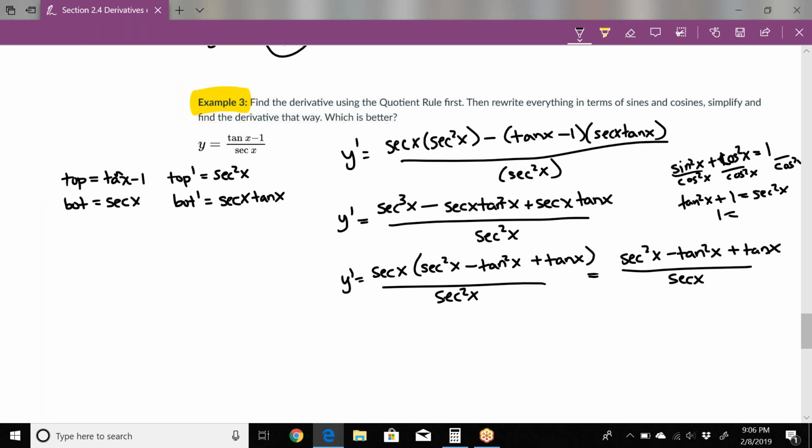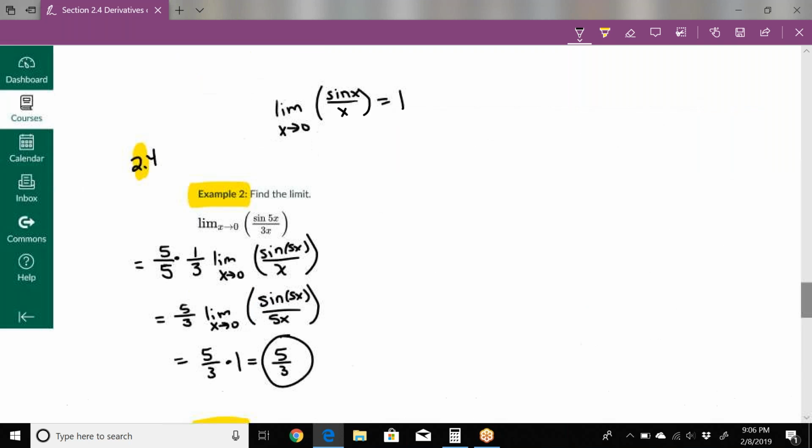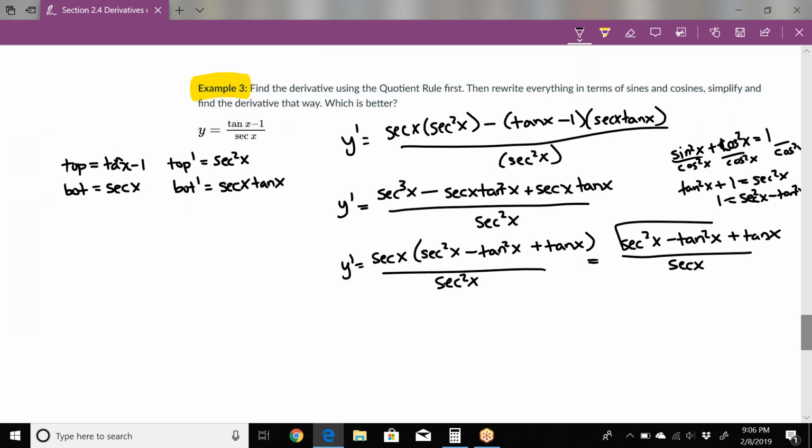So remember, if you subtract the tan squared, you get secant squared minus tan squared x. So that means this whole thing can be replaced with a 1. So now I have that y prime is 1 plus tan x over secant x. So there's my derivative.